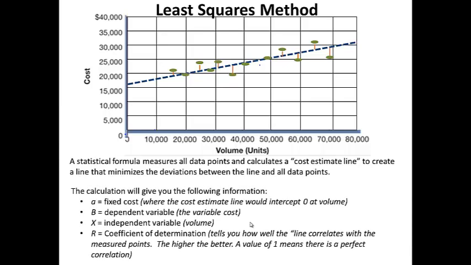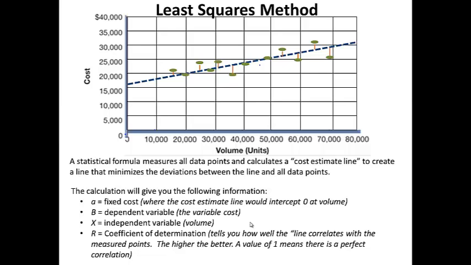You're going to see different values: A, B, X, and R. Now, those don't mean a lot, so what I've decided to do here is translate each of these variables into what may make a little more sense to you. The A is the fixed cost, where the least squares method has identified the fixed cost.